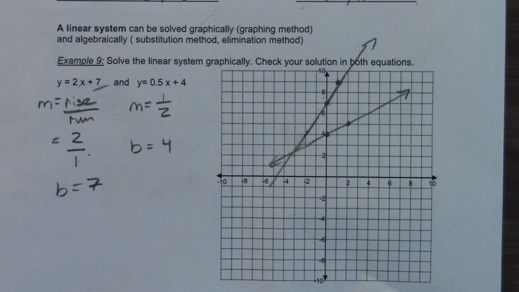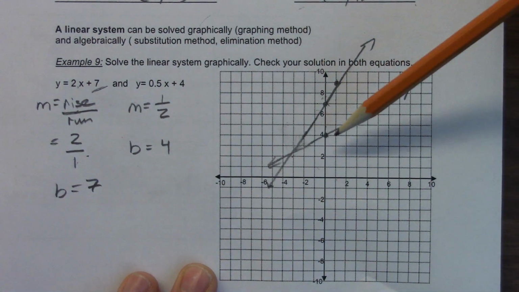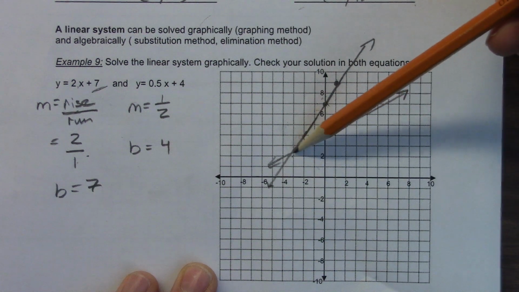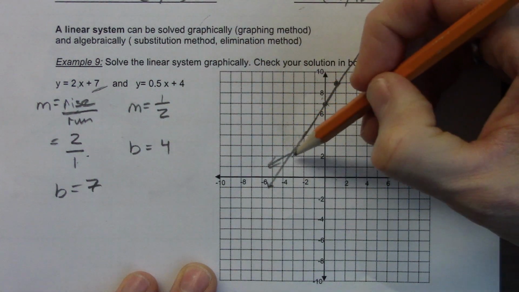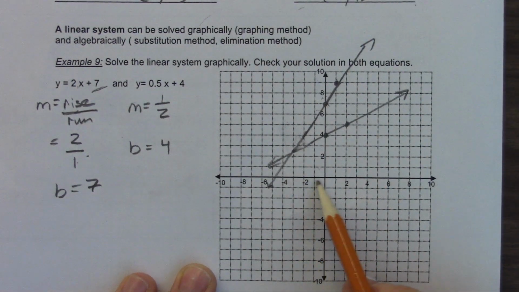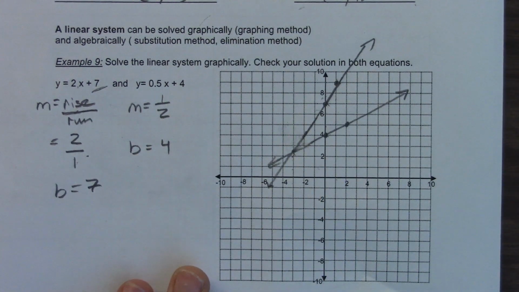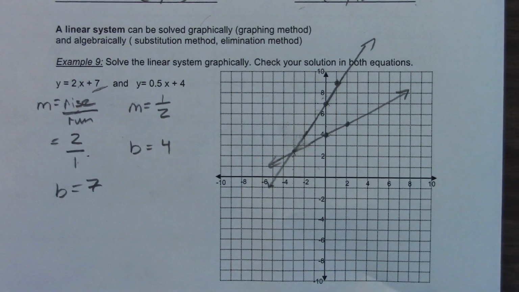Now, this is why I prefer algebra, okay? Look at where these cross. It's not that easy here. It looks like minus 3, 2.5. That would be my guess. That's where it looks like it crosses.